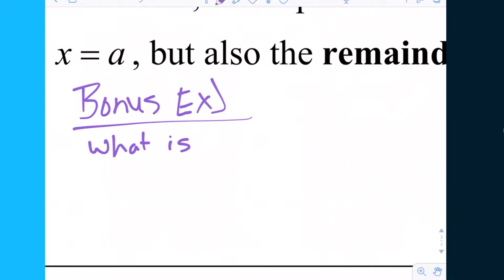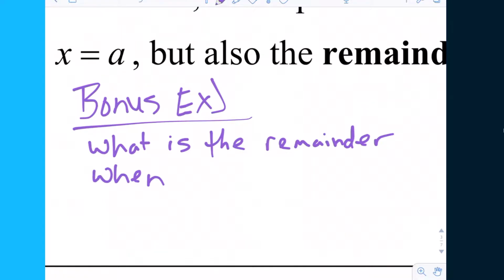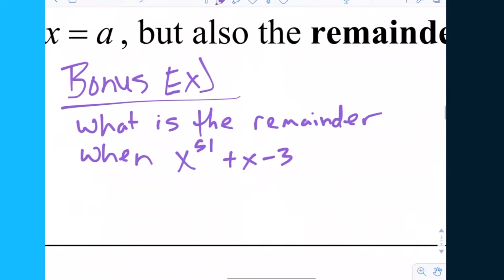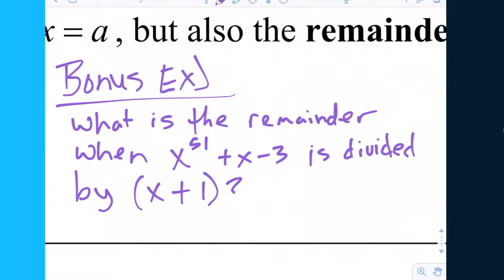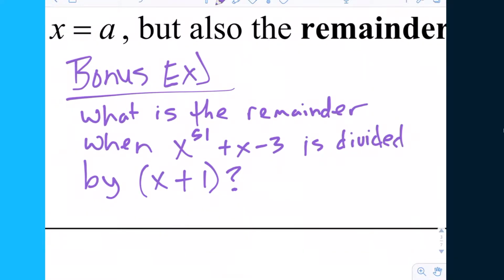What is the remainder when x to the 51st power plus x minus 3 is divided by the factor x plus 1? What is the remainder when the 51st degree polynomial is divided by the linear factor x plus 1?